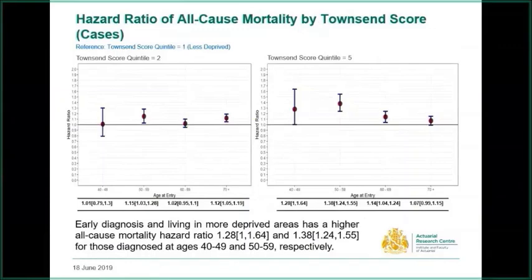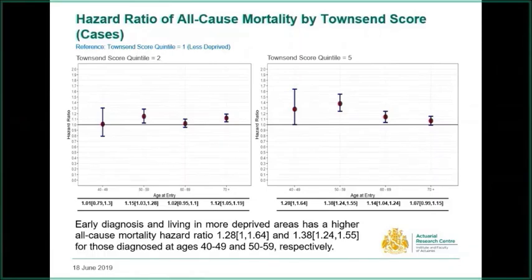We also compared cases to cases with respect to the deprivation areas, using the less deprived areas as the reference point. You can see that when those were in areas associated with quintile 2, those aged 50 to 59 and also 70 years and above are at a higher risk of mortality compared to cases in Townsend score quintile 1.